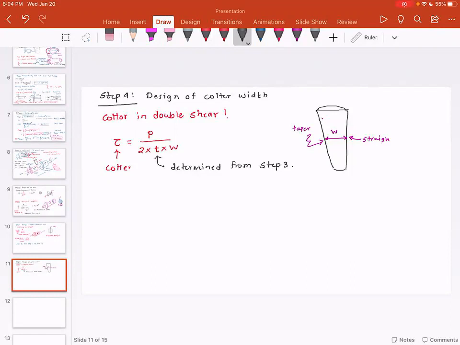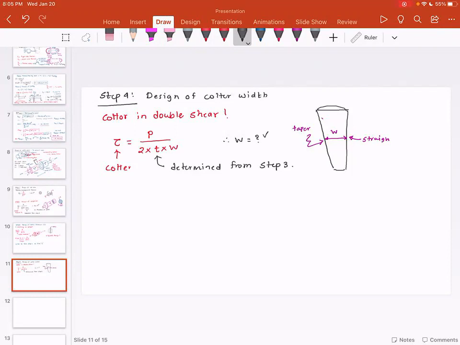So we'll substitute the value of P, we'll substitute the value of tau, which is the shear stress, and from here we should be able to find out the width of the quarter.